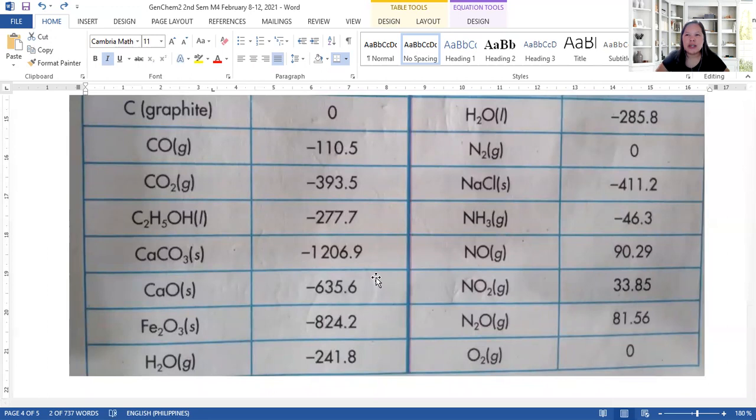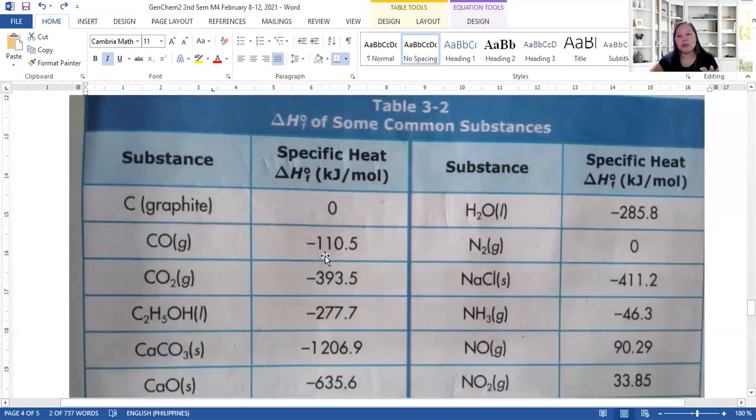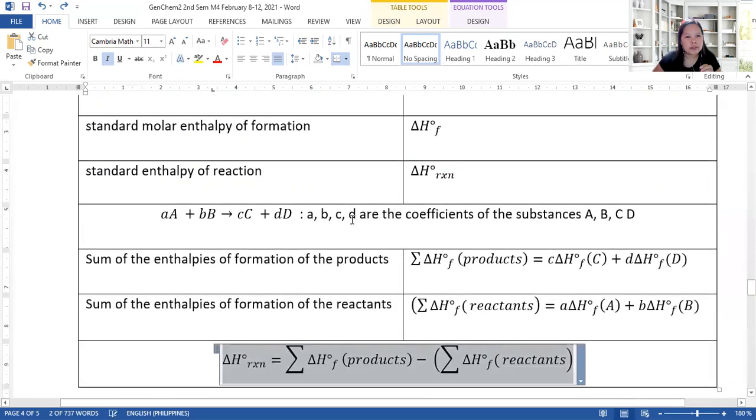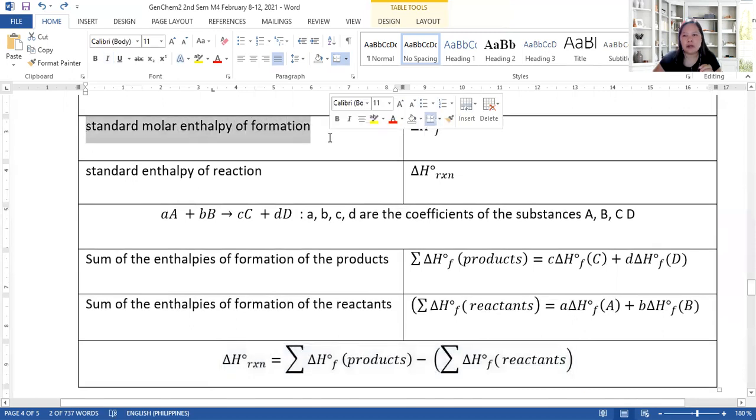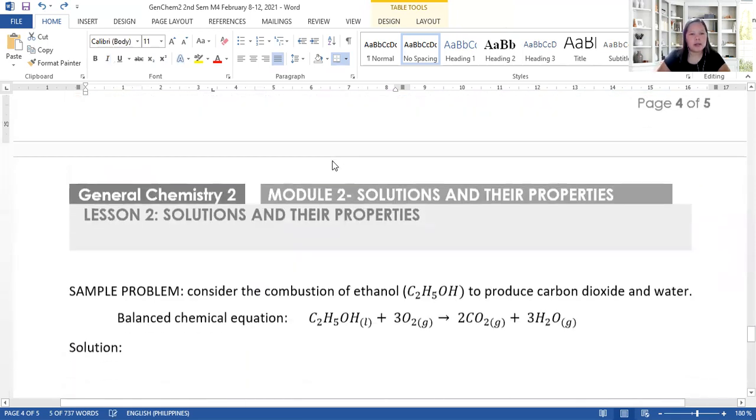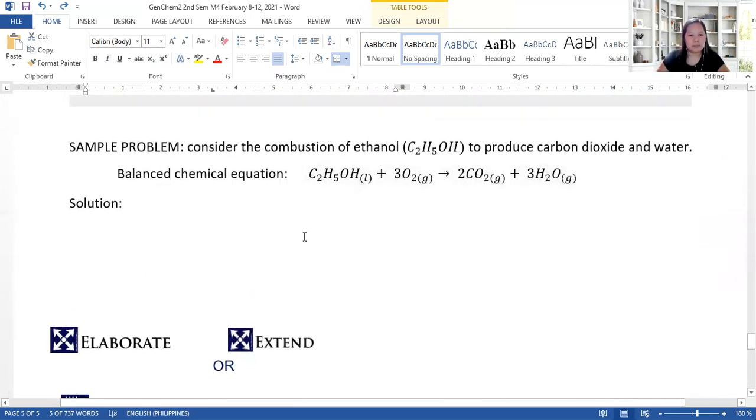In the chemical reaction, just get the present compounds and find their values using this table. If a compound is not present in the table, you can search on the internet, because it is also a constant. But in your problem solving, I have already provided the standard molar enthalpy of formation. All right, let's proceed to our sample problem.